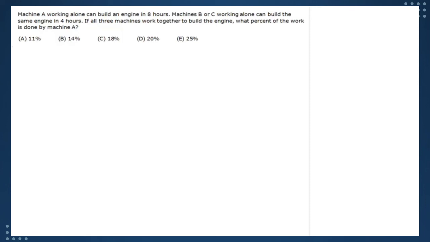Okay, so that was about 2 minutes there. So this is a very, very interesting question because where I find a lot of my students go wrong is they try to actually use algebra here.